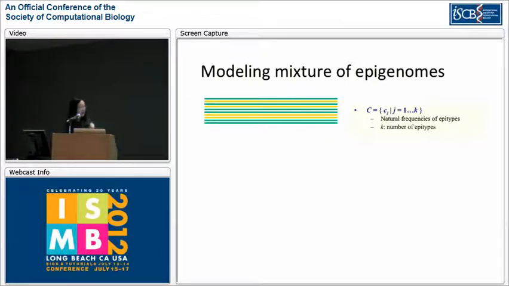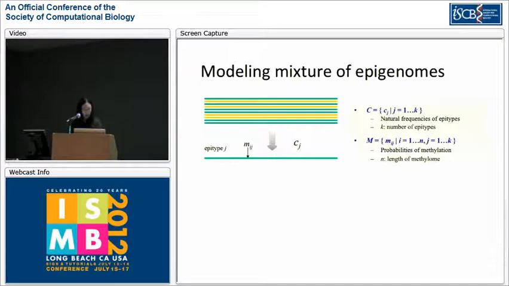So the observation is just a set of reads, right? And then if we know the epitype frequency, we can think of the reads as generated as follows. You draw an epitype from the population according to its frequency. And then we have a matrix that represents the probability of methylation, with each cytosine site as its column and each epitype as its rows.